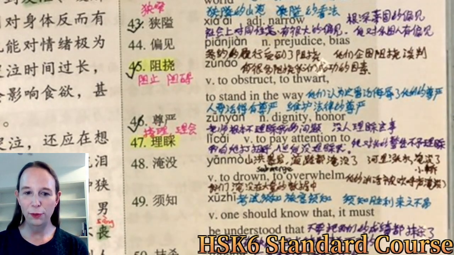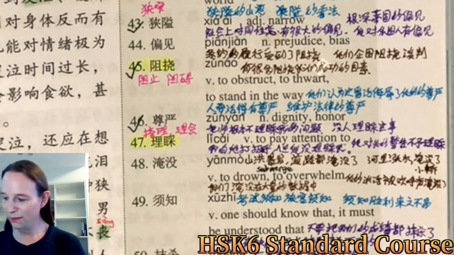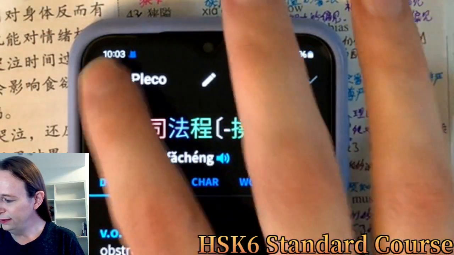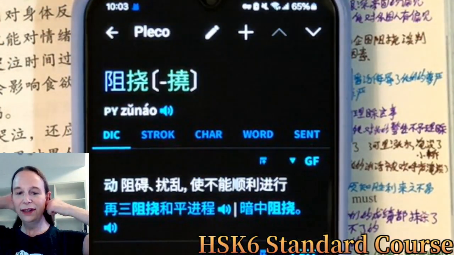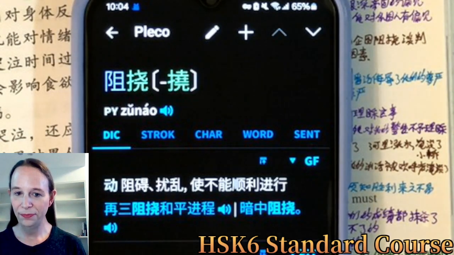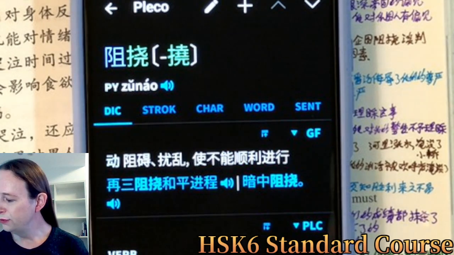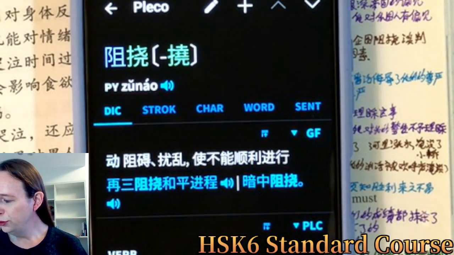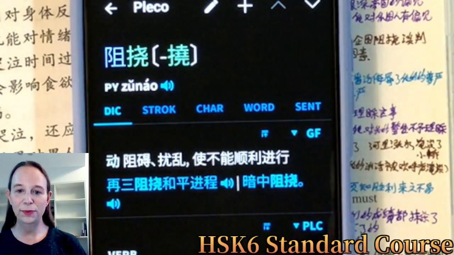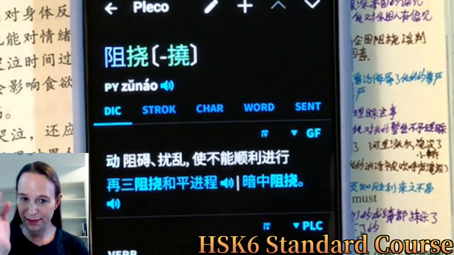You thwart someone's plans. Thwart 阻挠. They want to do something, but they're thwarted. 阻碍, 扰乱, 使不能顺利进行. So you cause it to be unable to proceed smoothly.